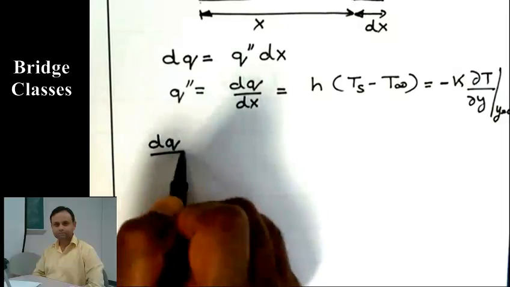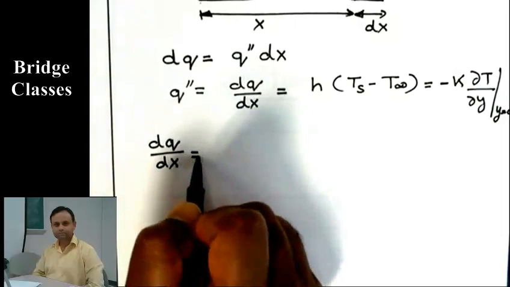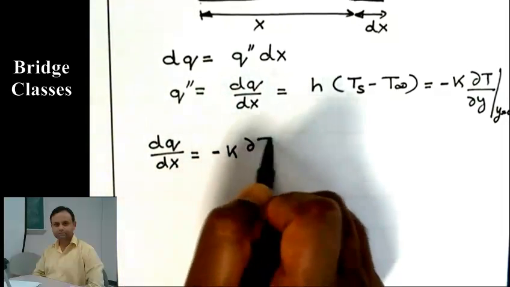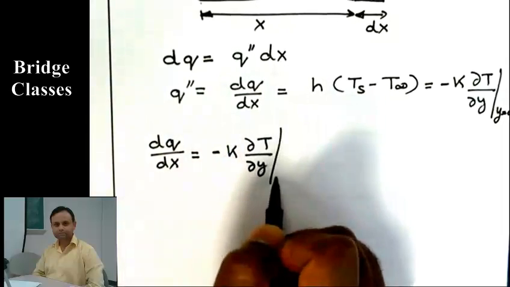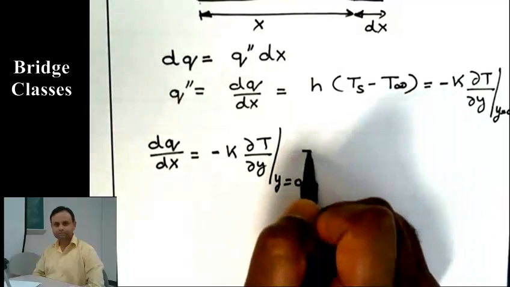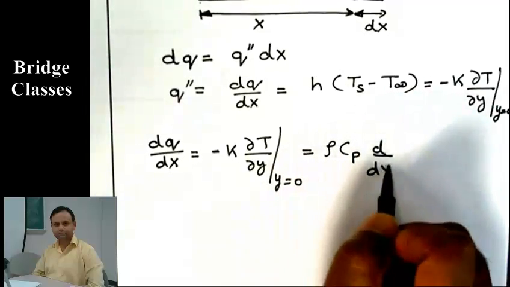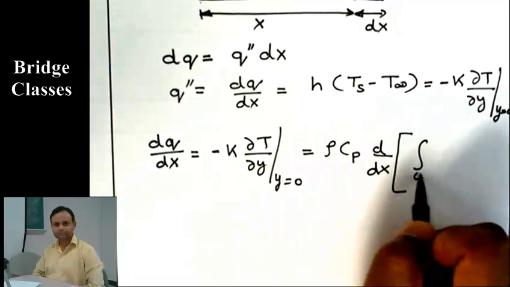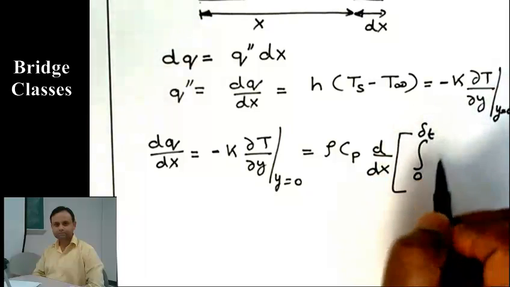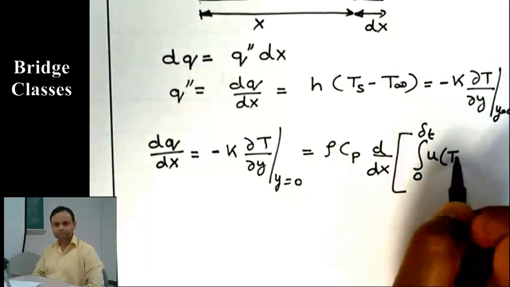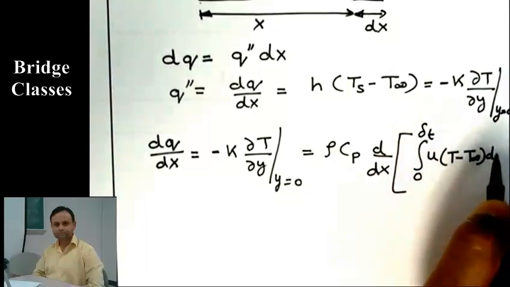So let me write it finally in this way. You have dq/dx equals negative k ∂T/∂y at y equals 0, and this is rho c_p d/dx of the integral from 0 to delta T of u (T minus T infinity) dy.